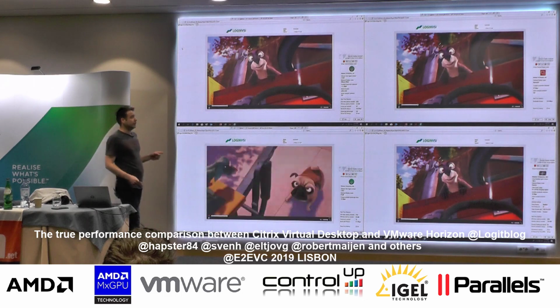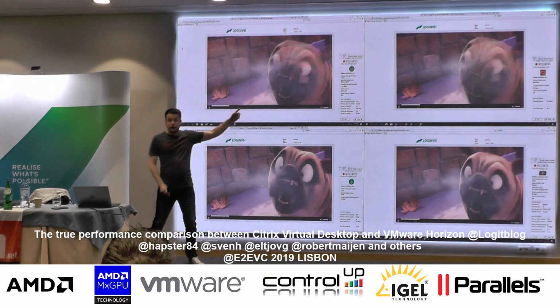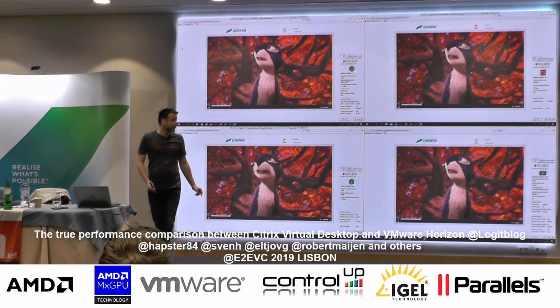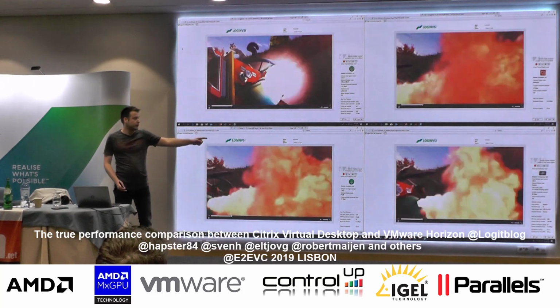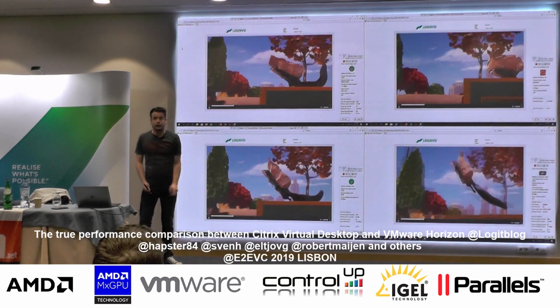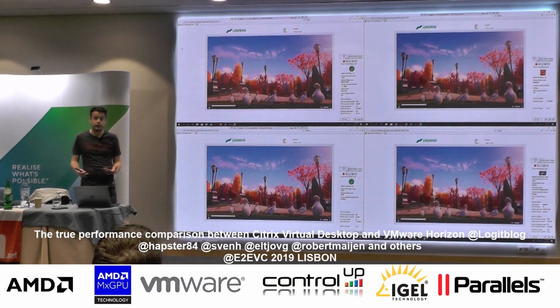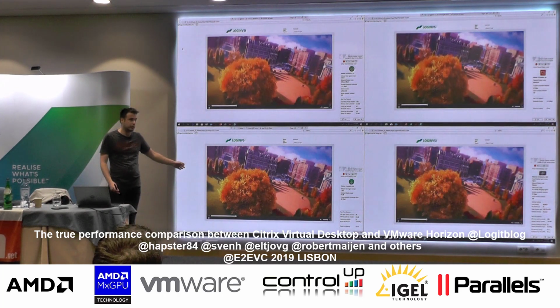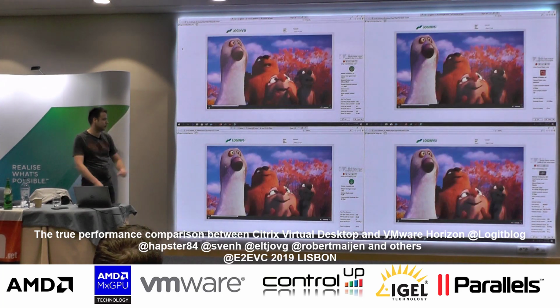What you're seeing here, from my perspective, the RDP is running quite okay, but the HDX and the Blast are performing similar. Well, PC over IP has more jitter in the video.